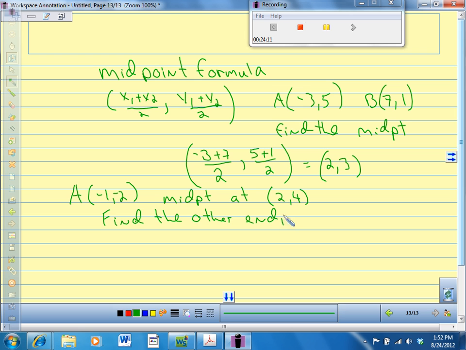Okay? And so the other endpoint, which we'll call B, I'm going to call B x comma y. Because I want to know what x and y are.